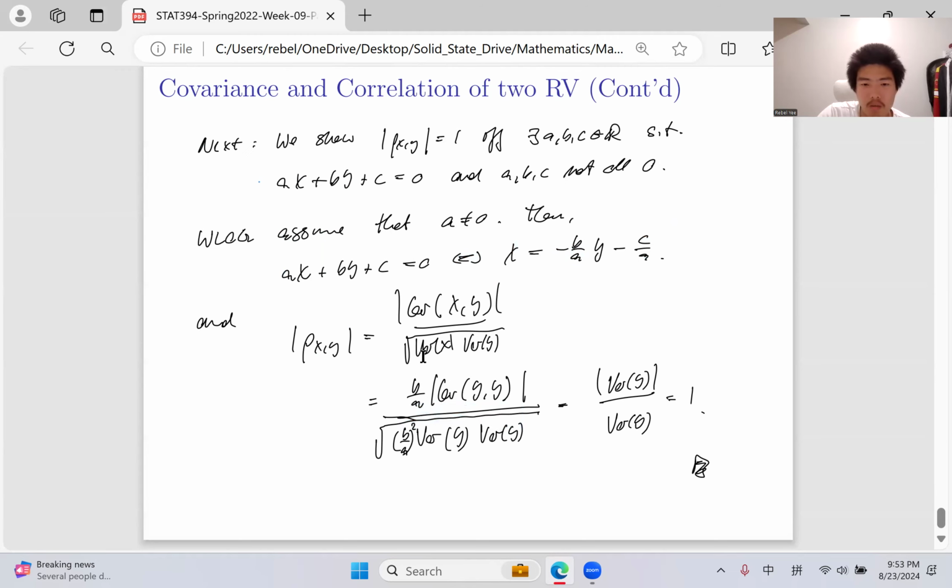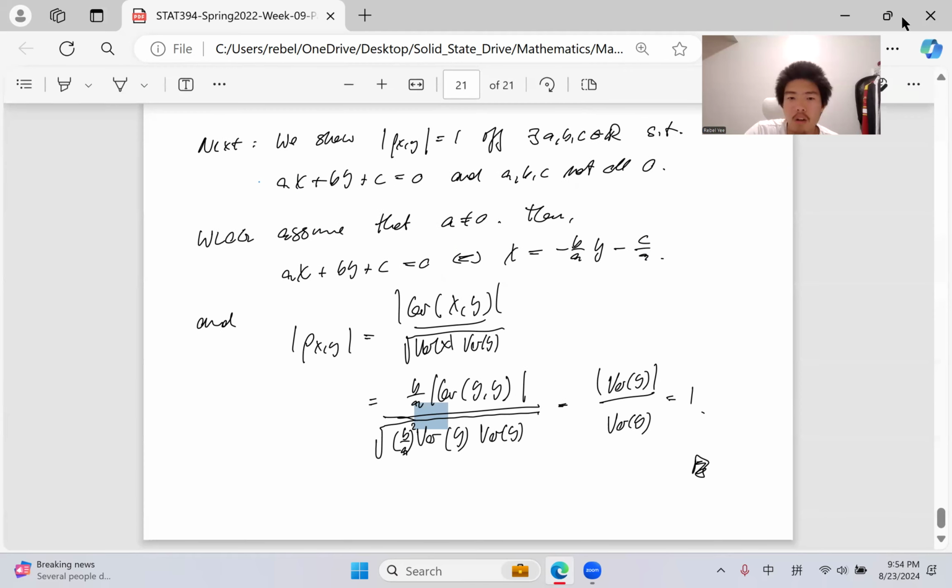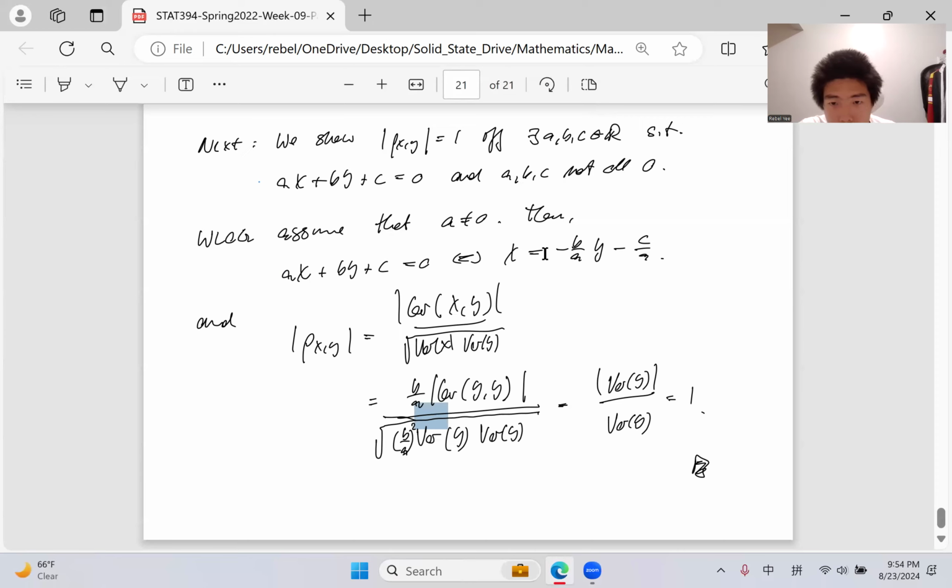And the variance is also only regarding the coefficient before the variable. So let's talk about this in a little bit of detail.